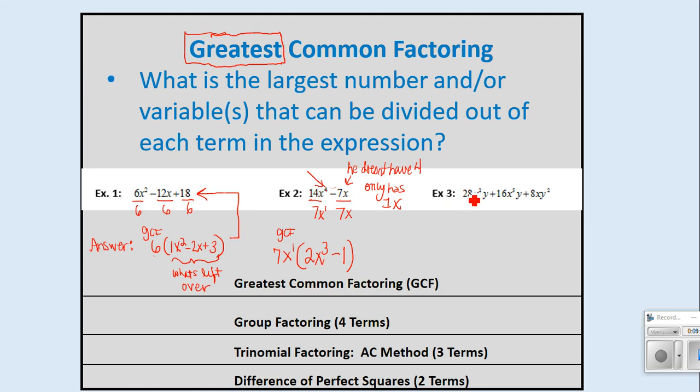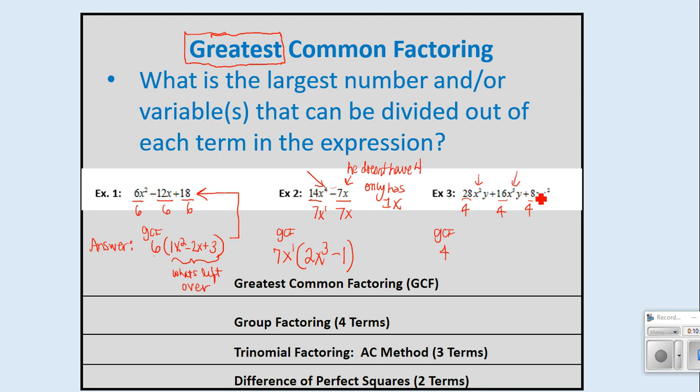Example number 3. What does 28, 16, and 8 all have in common? The largest number that can go into any of them is 4. Okay? So they all can be divided by 4. Do they have anything else in common? Well, this person has 2 x's.